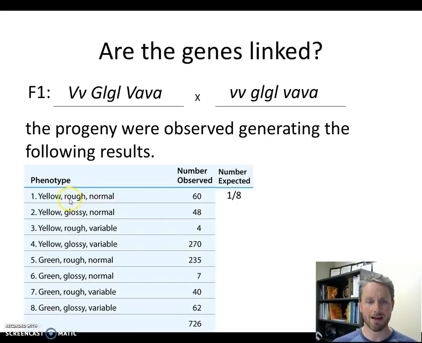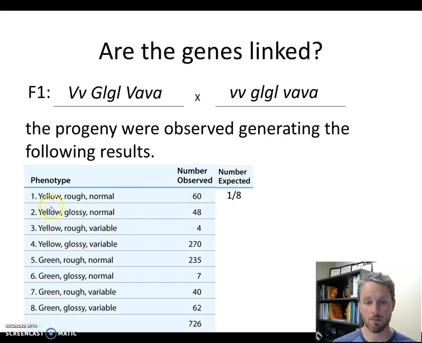Okay. So if we go back to this table, we can say, well, what's the probability of getting a yellow, rough, normal phenotype? Well, the probability of yellow is 1/2. The probability of rough is 1/2. The probability of normal fertility is 1/2. If they're independent events, the total probability would be 1/2 times 1/2 times 1/2, which would give us an expected frequency of 1/8 for that phenotypic class.